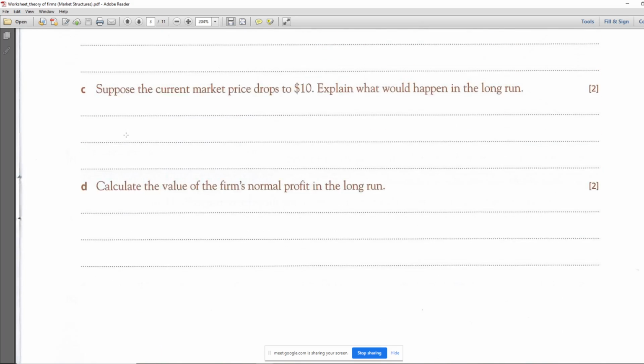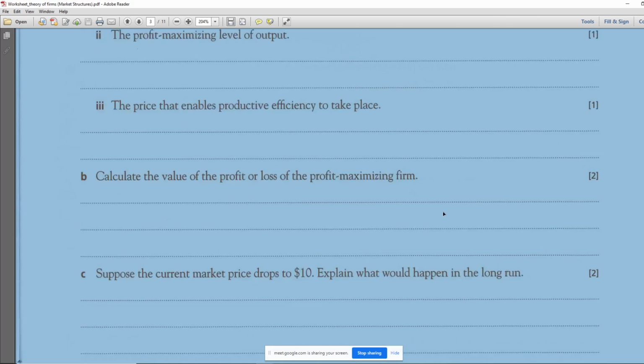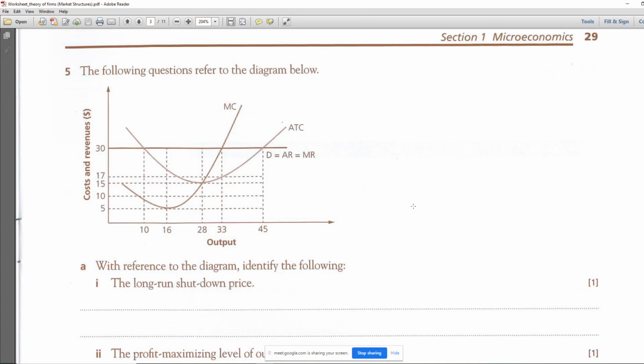What about the last one here? Calculate the value of the firm's normal profit in the long run. So what is the amount of normal profit in the long run? 15 times 28, and that is 420.